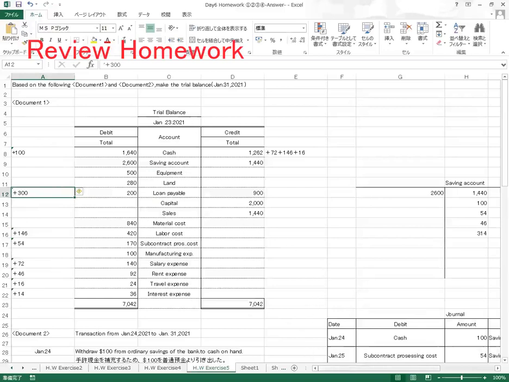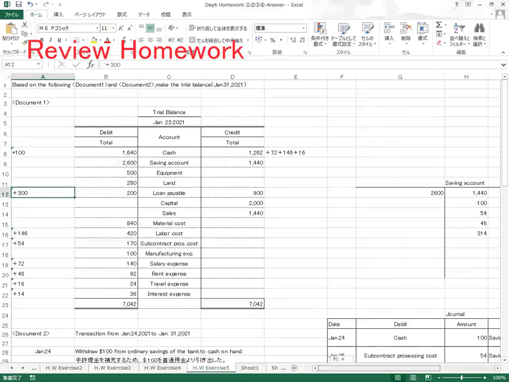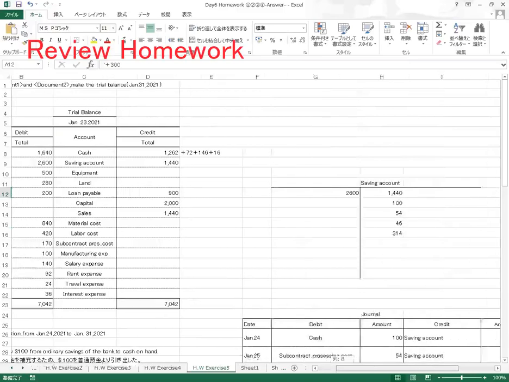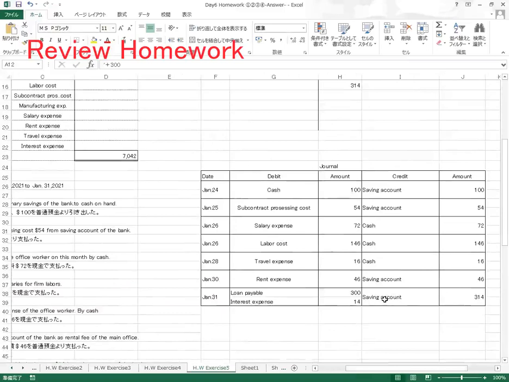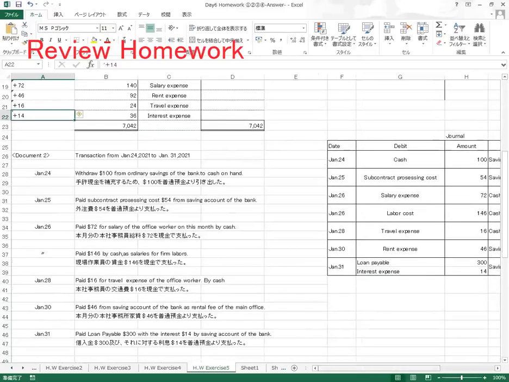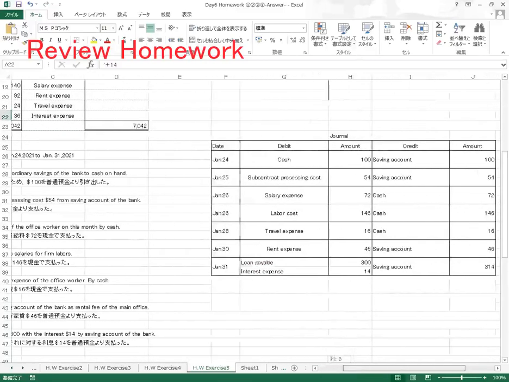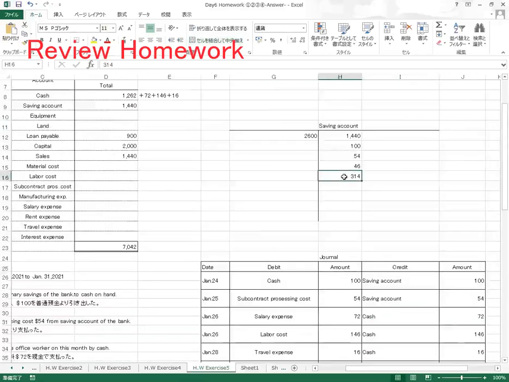The last is loan payable 300, that goes to the debit side. Then interest expense 14, going to the interest expense, and then the saving account 314 goes to the debit saving account.